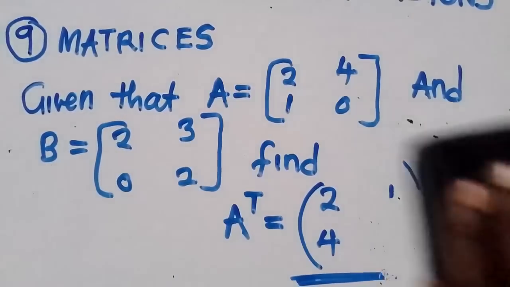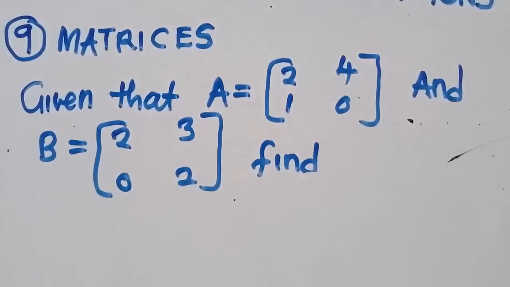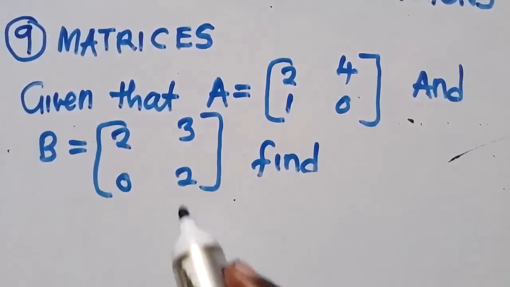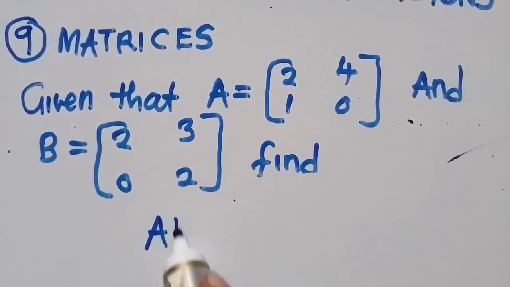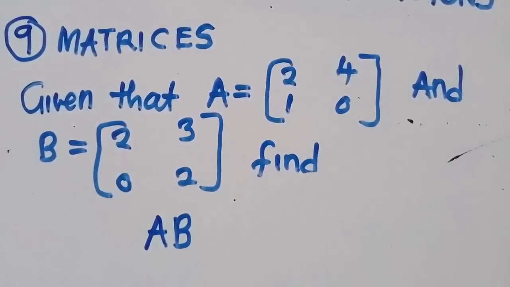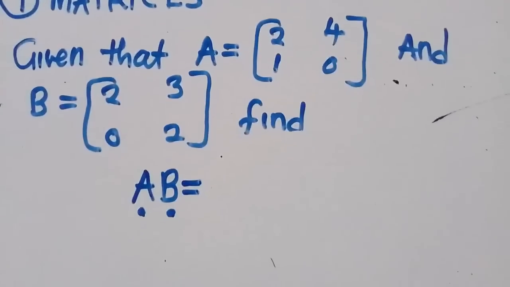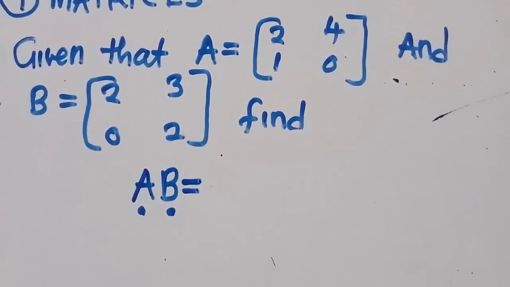Let us now look at the other question. Under this, you are told to find AB. This is where you are told to multiply two matrices.